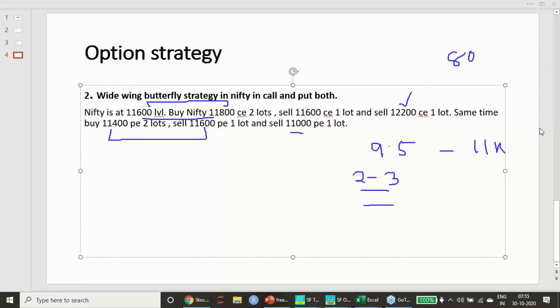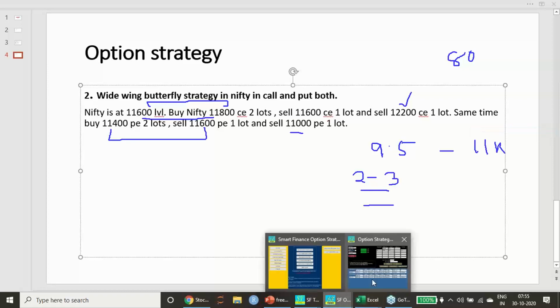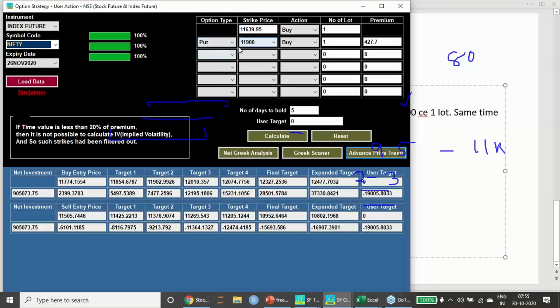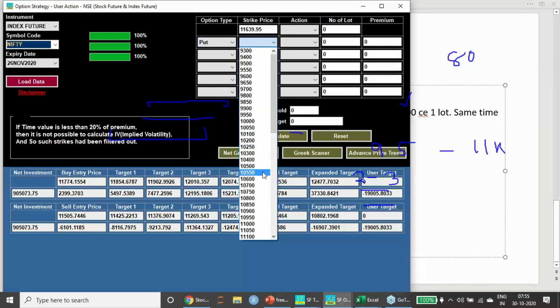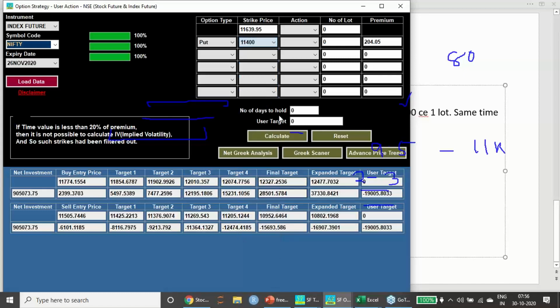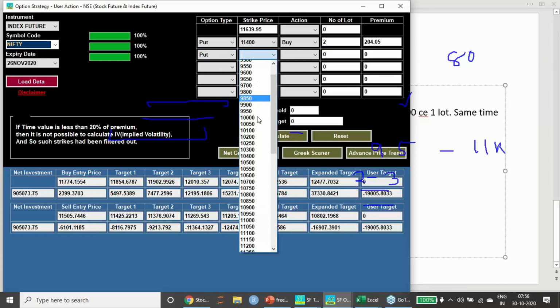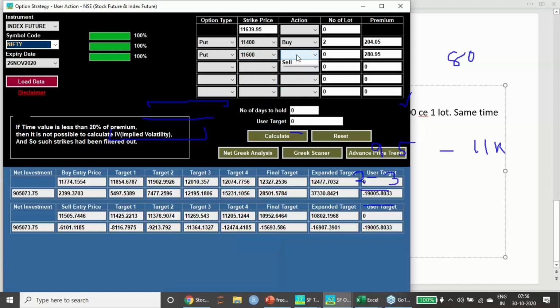So you can estimate the performance of the same strategies in our software also. Like I have told you, here there is a reset button, you can reset it. Both the combinations you have to do independently. 11,400 put options, we are buying 2 lots, and we are selling put option of 11,600, 1 lot.